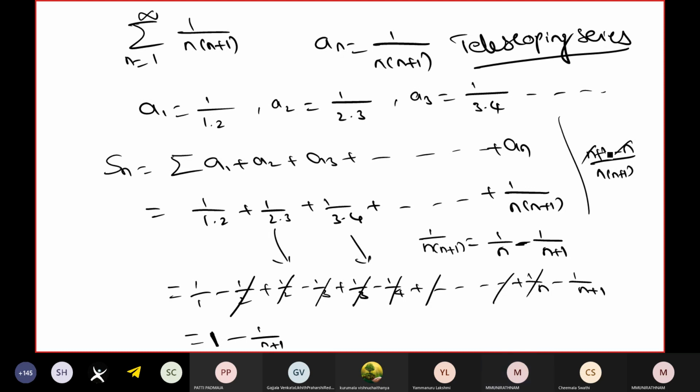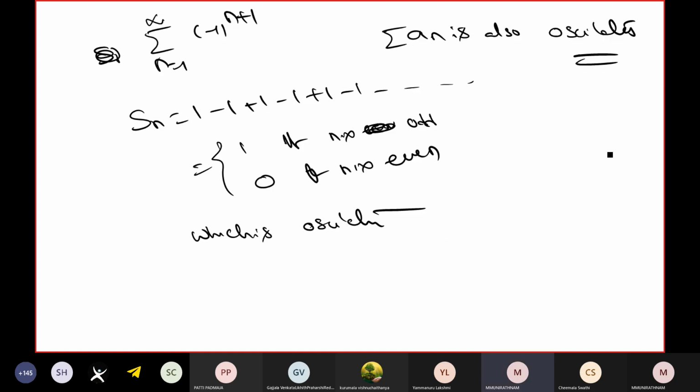Any doubts, please? So alage oscillating sequence lo oscillating. If the sum takes more than one value, finitely, that is called oscillating finitely.